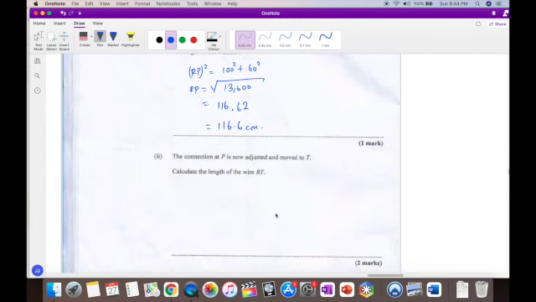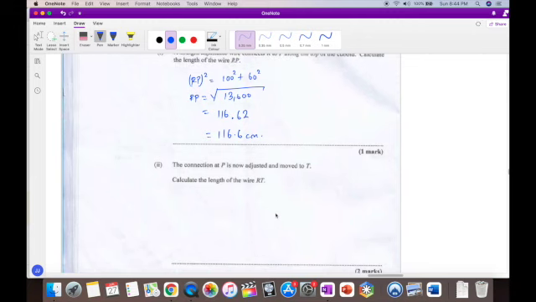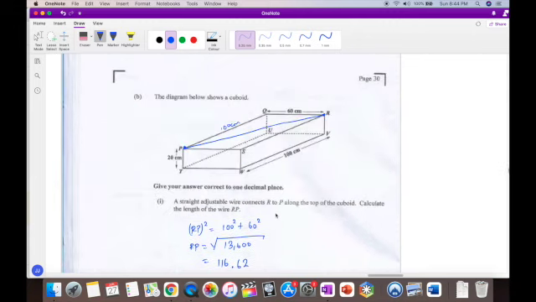The connection at P is now adjusted to move to T. Calculate the length of RT. So we actually did a question like this in class, right? So we're going to move here from R to T. So this is a 3D kind of thing. From R to T, we have to imagine this in 3 dimensions.